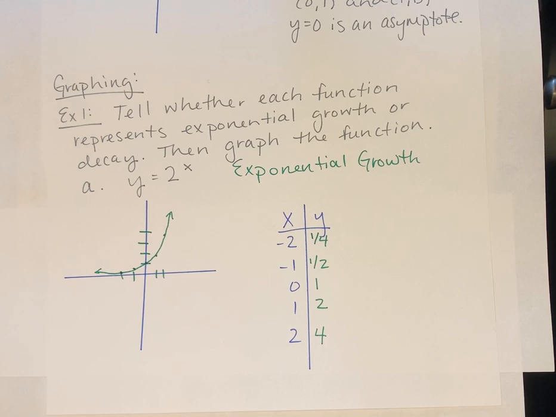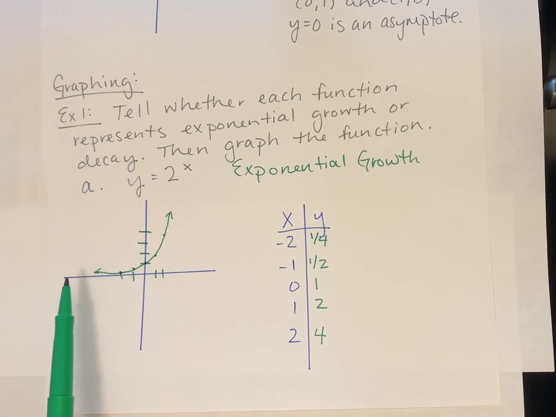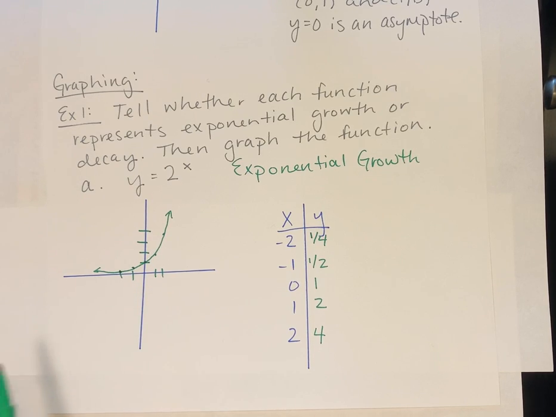And then just make sure it matches what you said. We said this is exponential growth. Does it look like exponential growth? Yes, because it's rising from left to right.